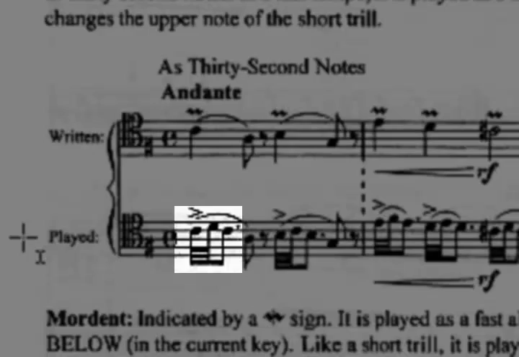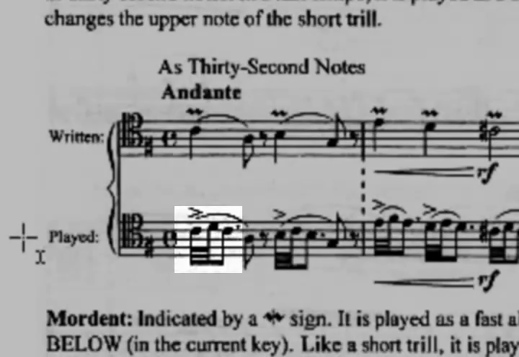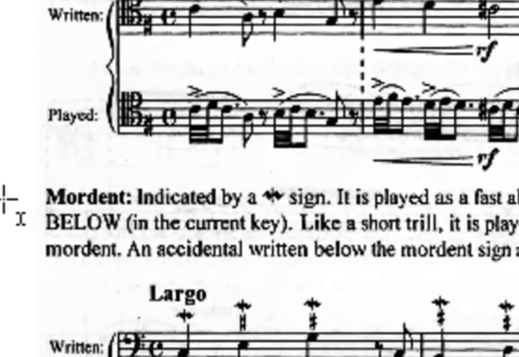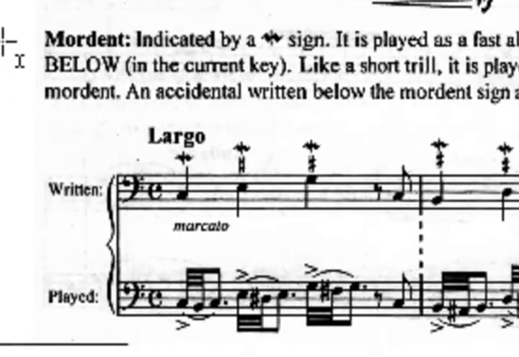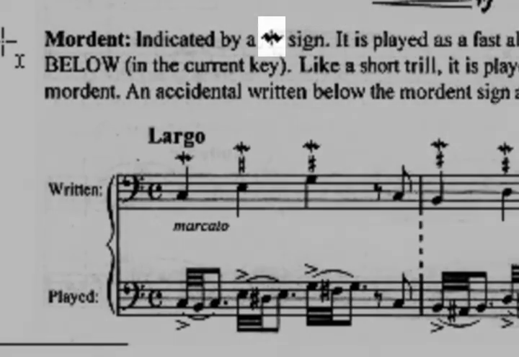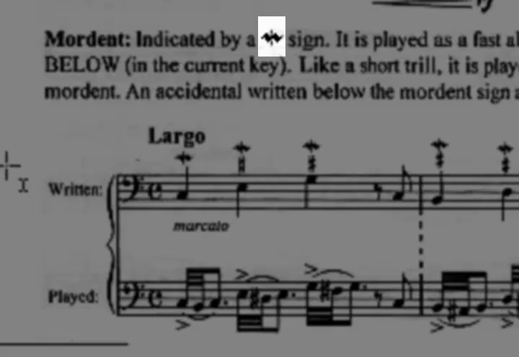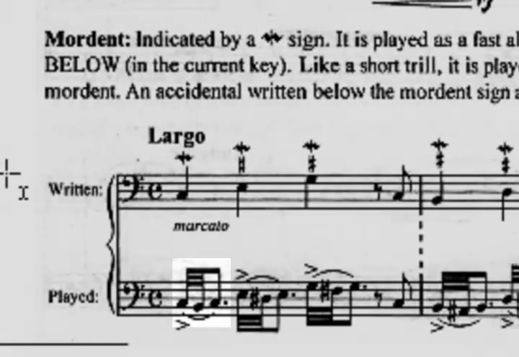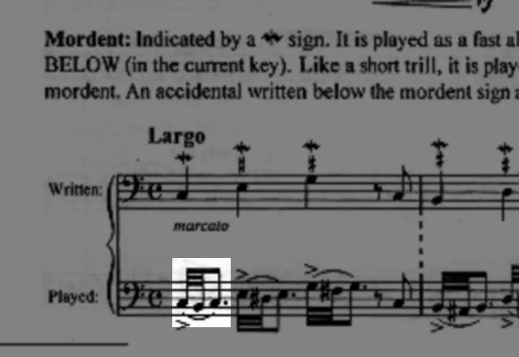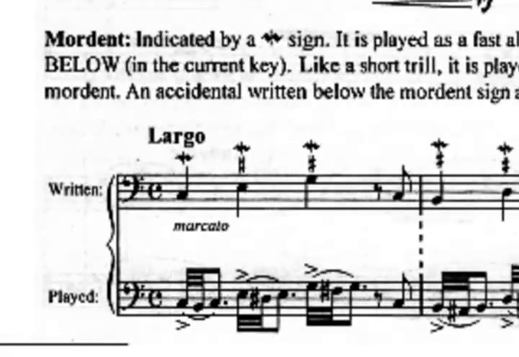There's the main note, and then the short trill goes to the upper note. A mordent, however, is usually indicated by the slash through the sign, and in this case it should be played below the note.